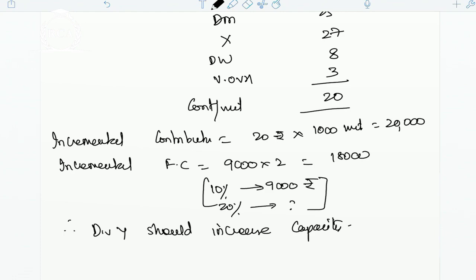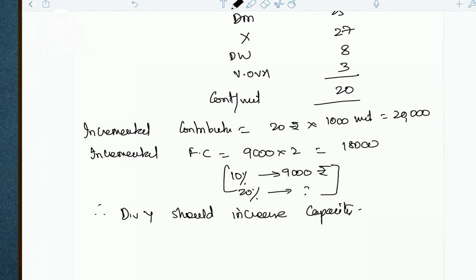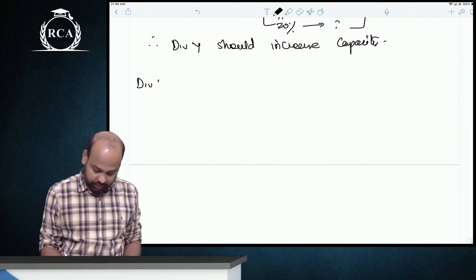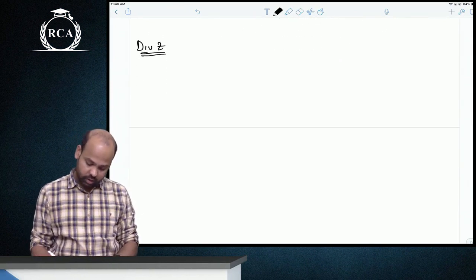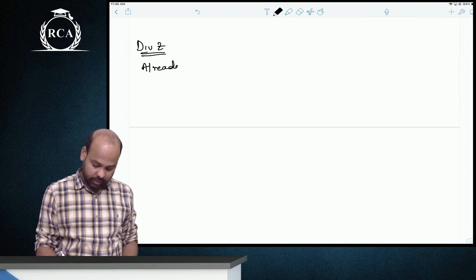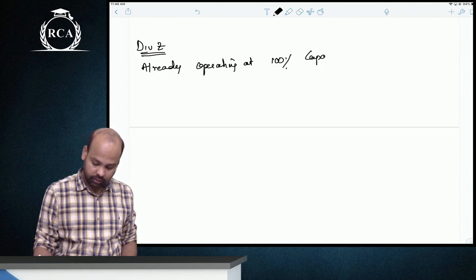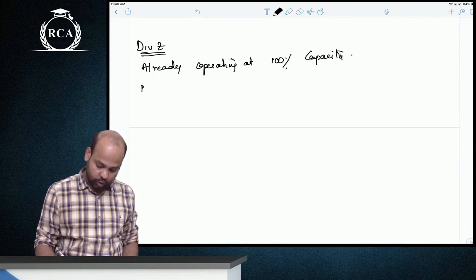Now, from the viewpoint of Division Z, it doesn't really make a difference. Division Z is already operating at 100% capacity. Yes or no? Yes, sir. No impact on cost.